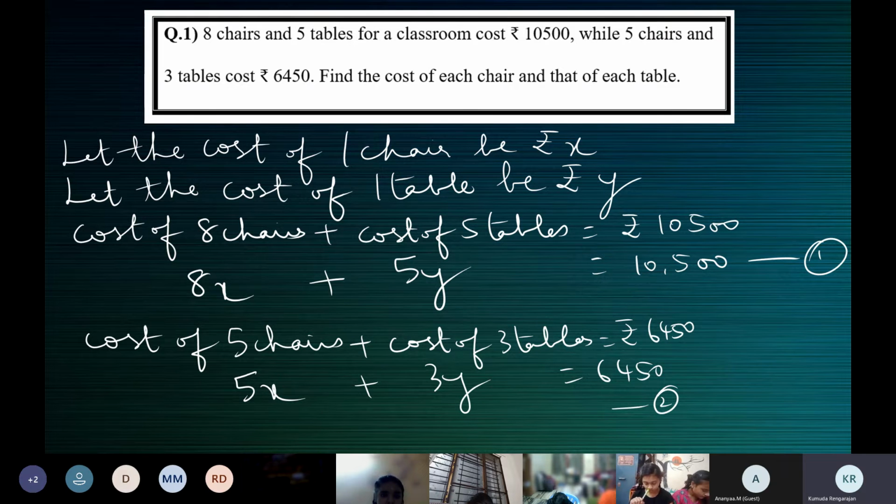Shreyas, what are you getting for x and y? Ma'am, x is 750 and y is 900.